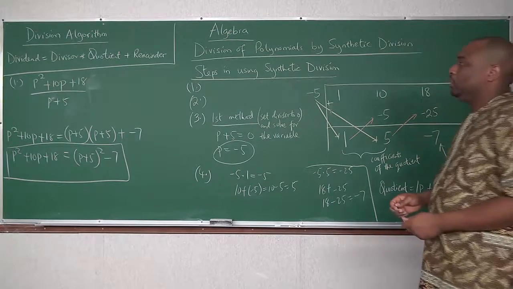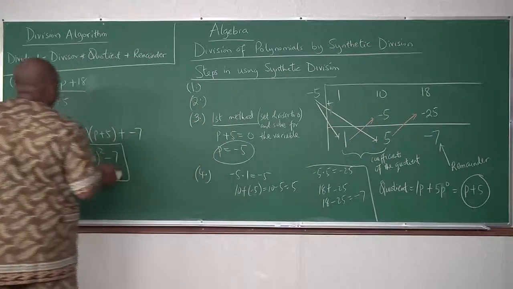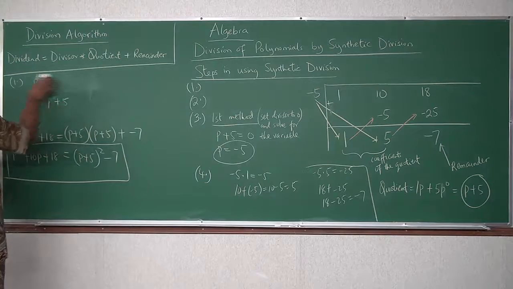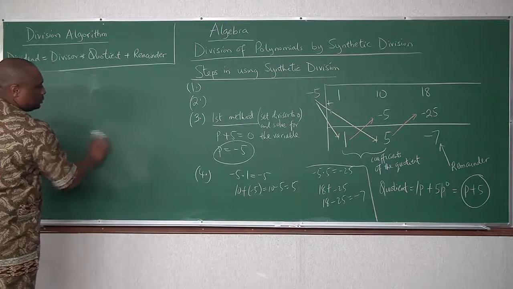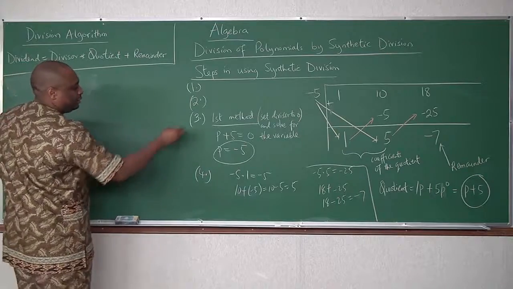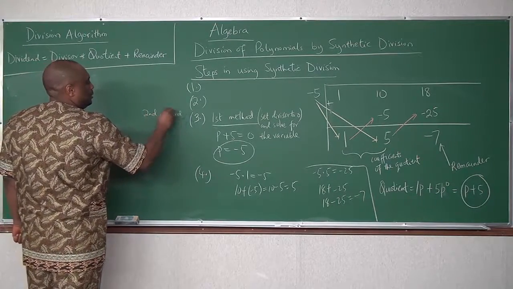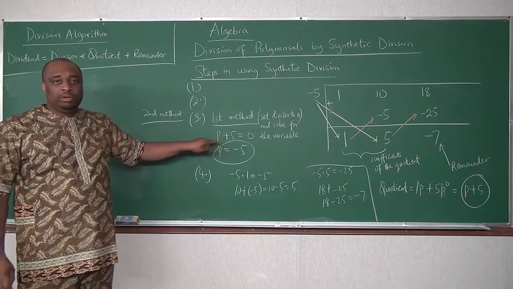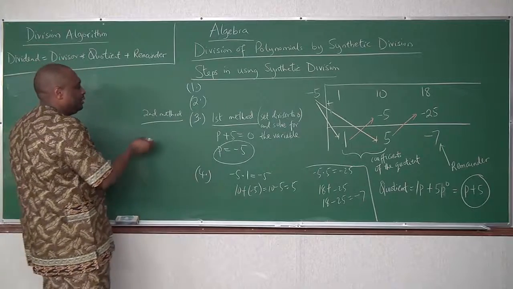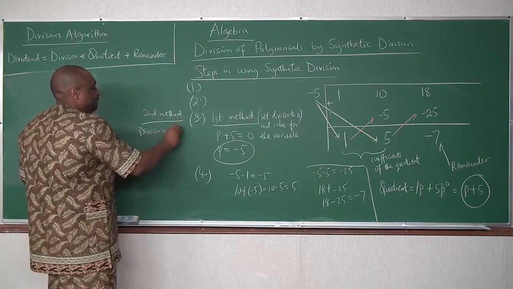Okay? So with the second method, it's just a little variation. Rather than setting this to be 0, I just have the divisor. Of course, my divisor is p plus 5.